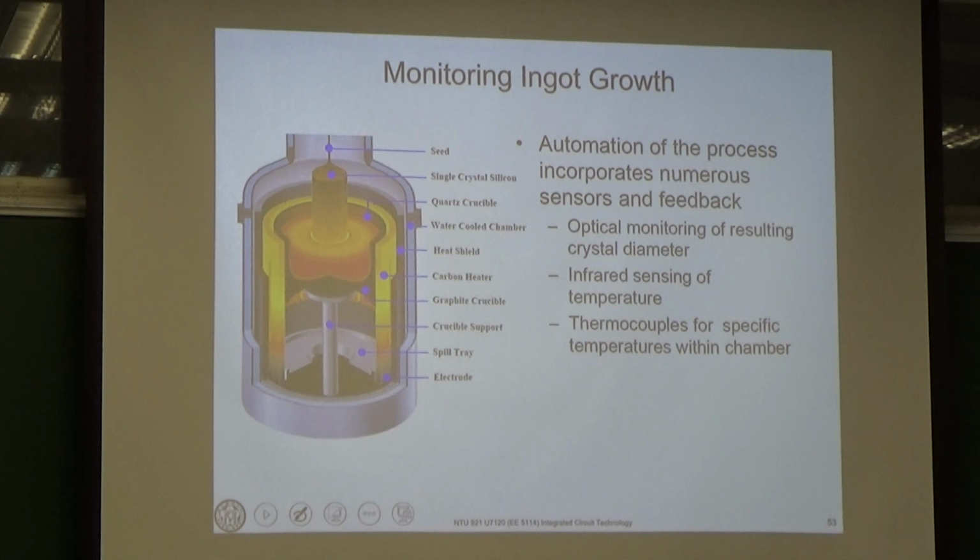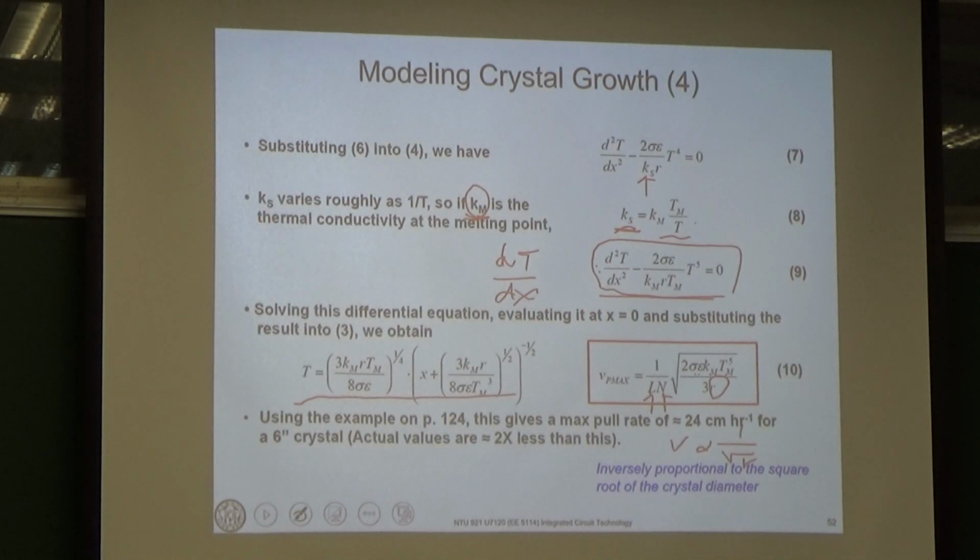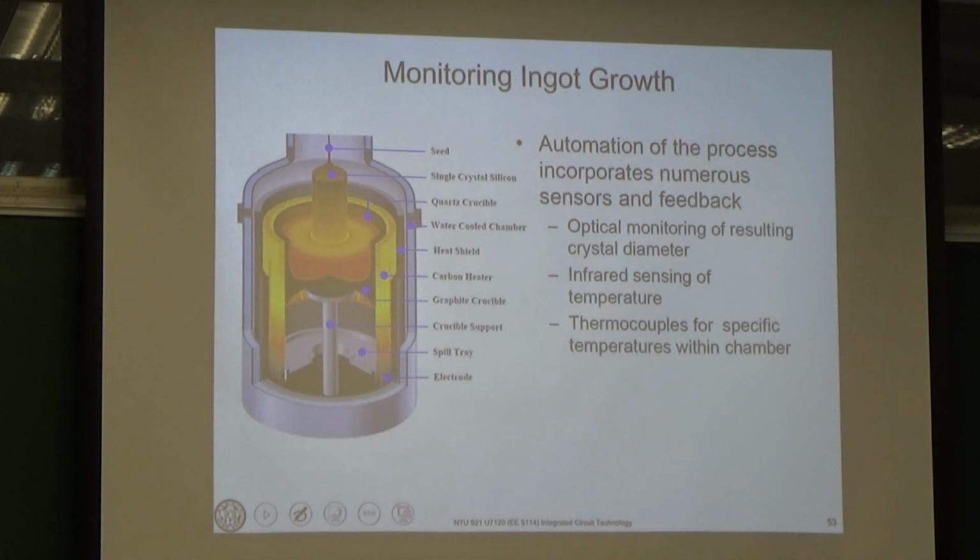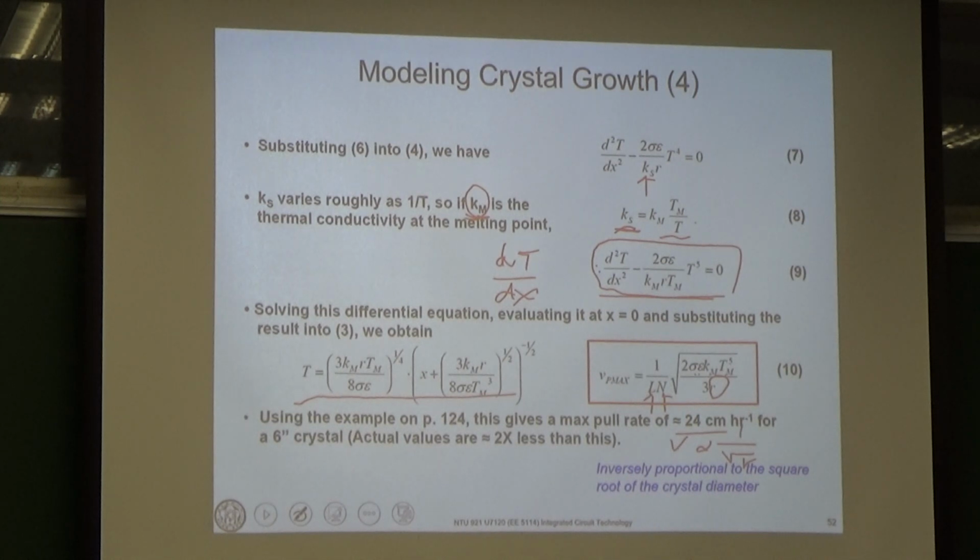Okay, so if we put all the numbers in, we can get just a quick estimation of the pulling rate: 24 centimeters an hour for a 6-inch crystal, but actual values are 2 times less than this, because you have to consider a lot of things.